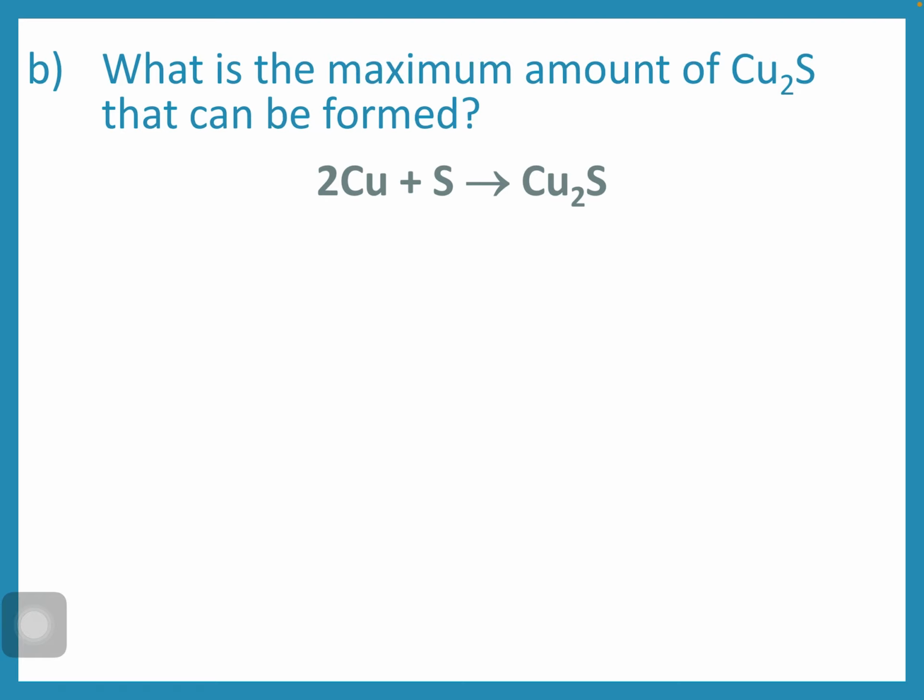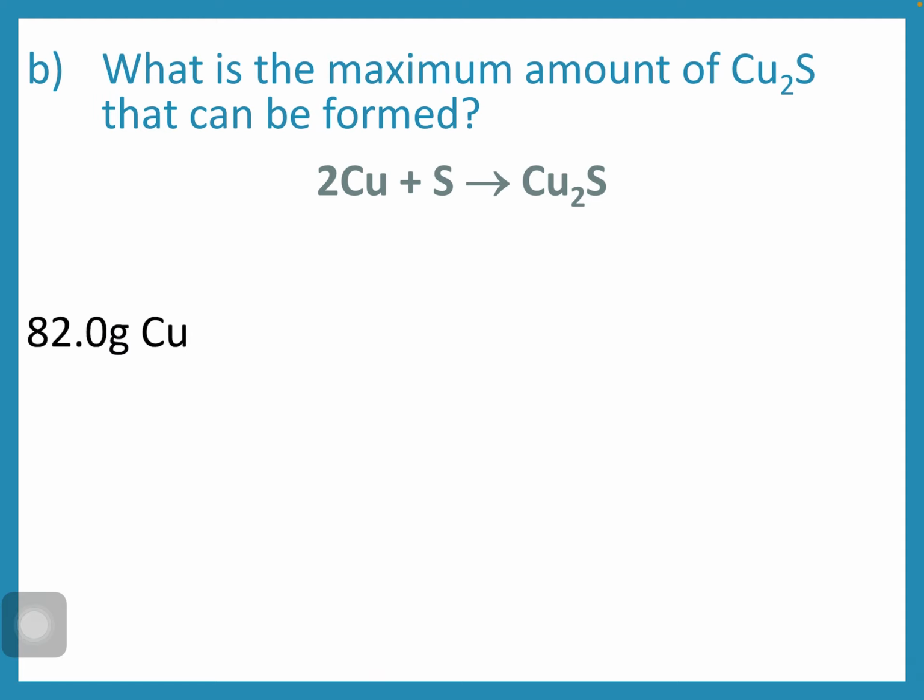So I have to start with what limits me. I can't use my 25 grams of sulfur to determine my product because I won't have enough copper to react with 25 grams. So the sulfur is going to be in excess, copper is limiting. So that's what I need to use.